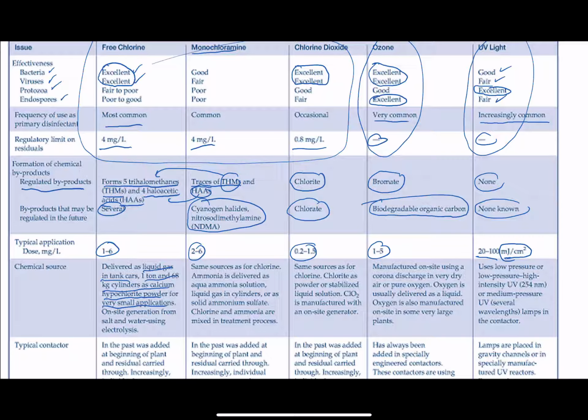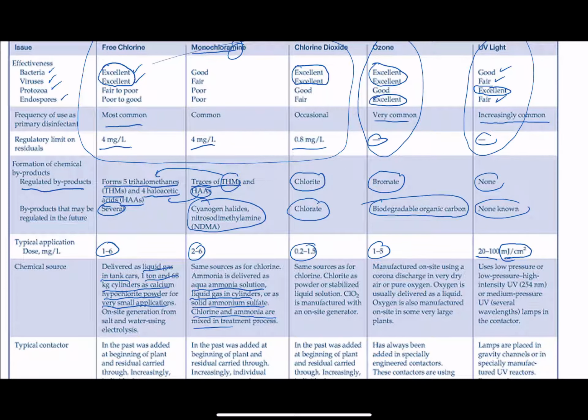Same thing for monochloramine. Same source as for chlorine. Ammonia is delivered as aqua ammonia solution, liquid gas in cylinders, or as solid ammonium sulfate. Here, monochloramine, because there is an amine, there's ammonia here. Chlorine and ammonia are mixed in the treatment process to produce the monochloramine.